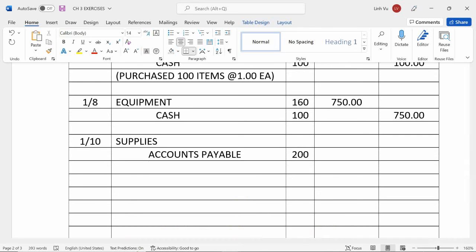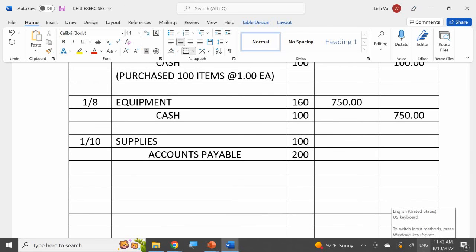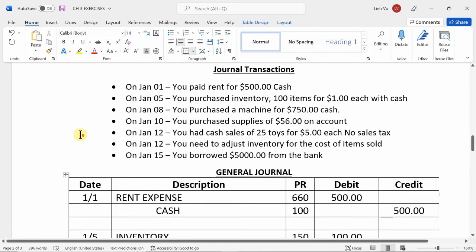Okay. Now, how much was the supplies worth? $56. Okay. And how much money did I owe my vendor? $56. Okay. All right. Couple more transactions here.